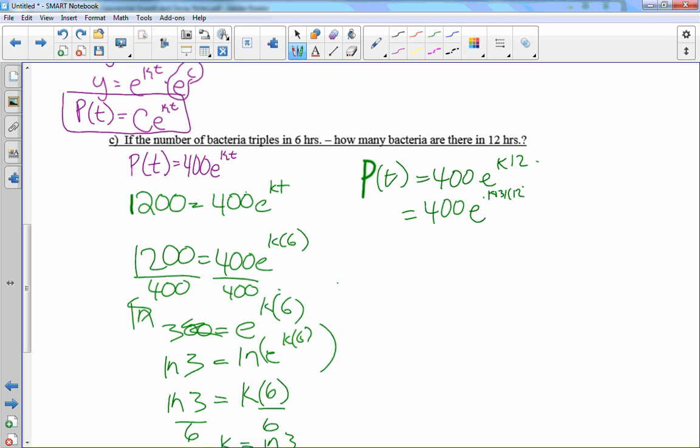Good. So when you plug back in, this time you don't know P of T, so we're solving for it, but you do now know the rate. So you replace the rate. And then can we say in how many years we have 3,600 bacteria?